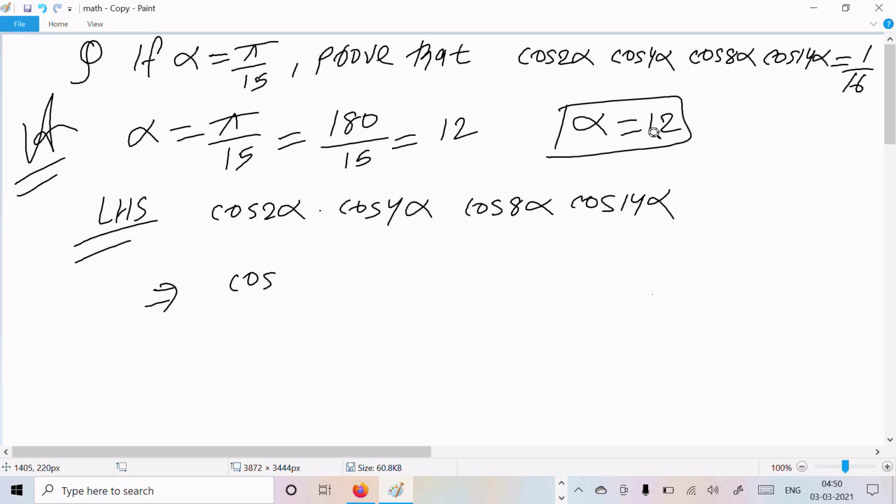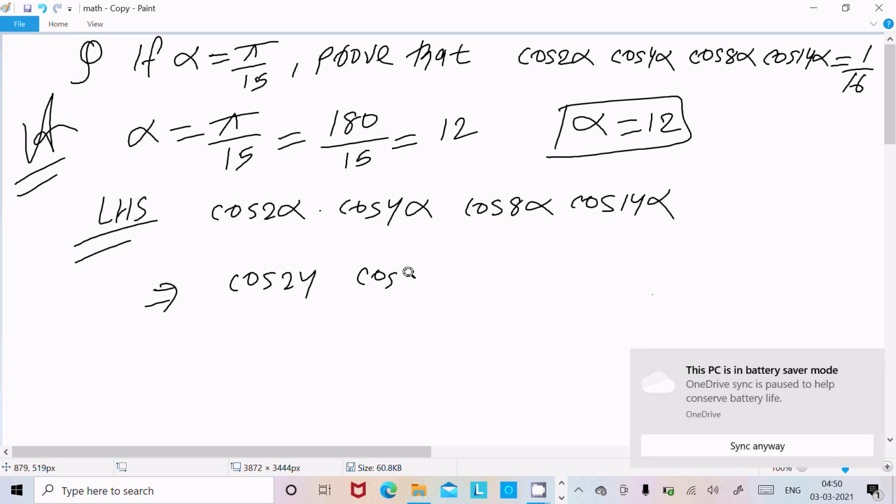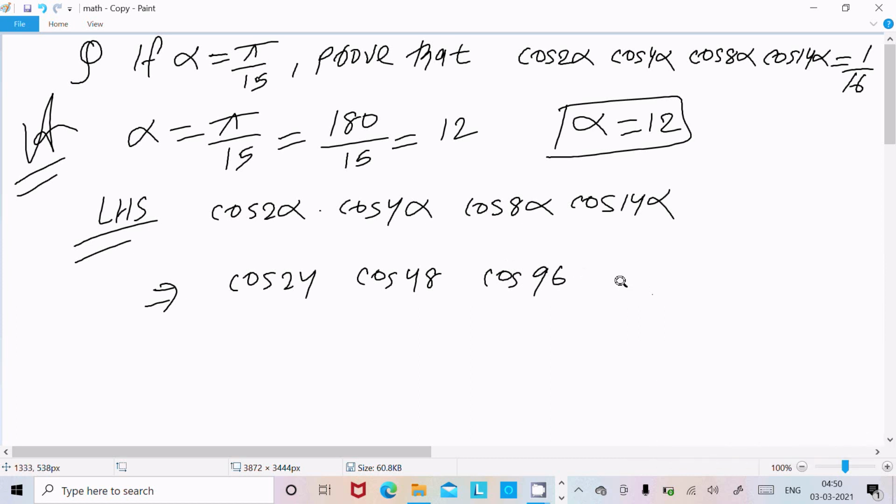So the α value is 12°, 2 into 12, that becomes 24. Here cos 4α, that is 48, cos 8α is 96, and this one cos 14α, 14 into 12, that becomes 168.